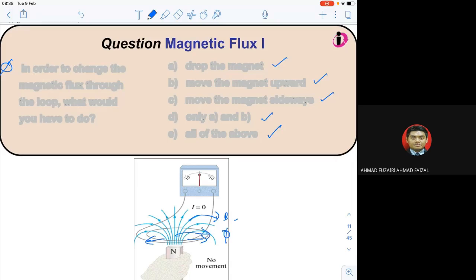Please remember what is magnetic field and what is magnetic flux, because these are two different terms that always look alike and must involve each other, but when you write down the answers, please make sure you use the correct terms. Magnetic field inside the area is called magnetic flux.